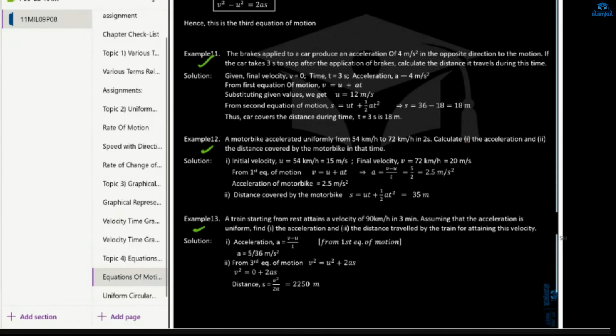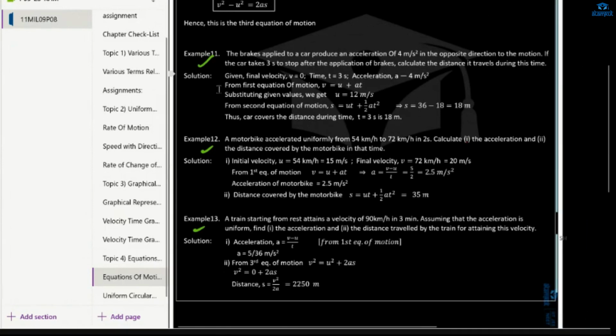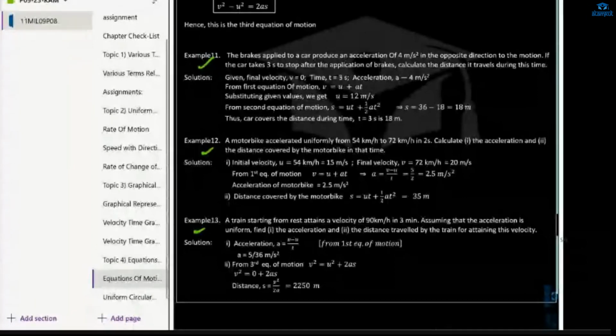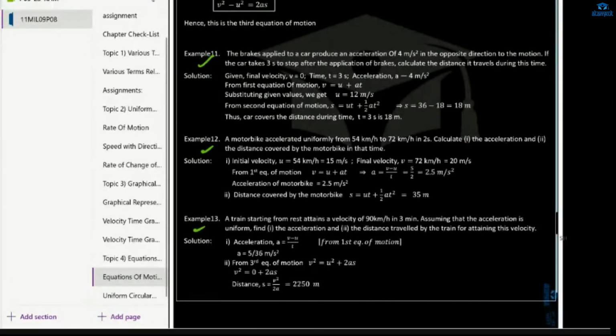I've already shared the handout for this topic, so you will go through the handouts and the examples. All we need to do is put the values in the equation and find the value of the other. So you'll do these questions, and then tomorrow will be your assignment class.